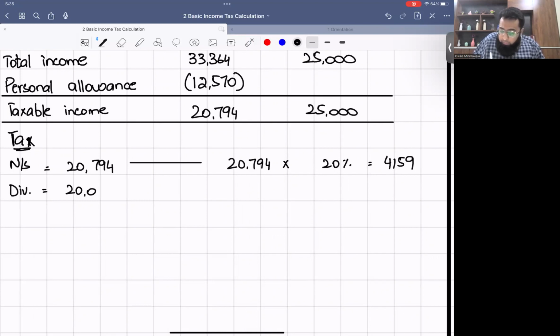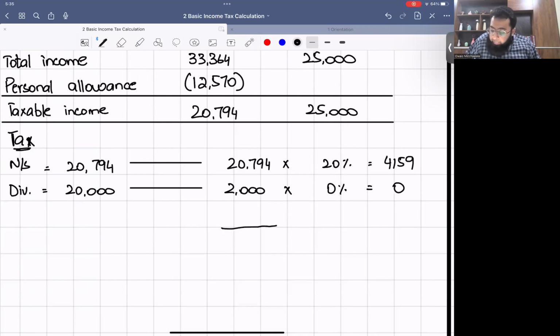It is 25,000. First 2,000 goes at 0%, so this is 0. Now let's look at the basic rate band. Our basic rate band is 37,700. You have studied all of this in the previous class already.